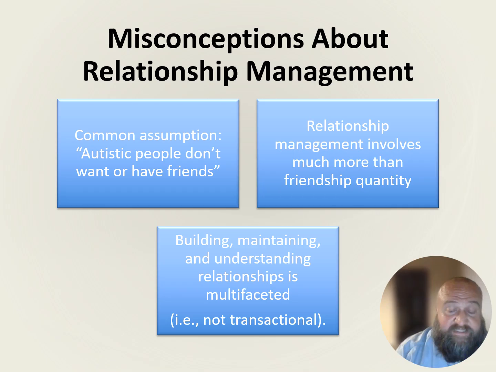This is a problem in society as a whole, but when it comes to individuals with ASD, these complexities can be a really huge challenge. And that's really one of the ongoing things, especially with adults with ASD, trying to navigate these relationships and to really focus on how to maintain them over time.